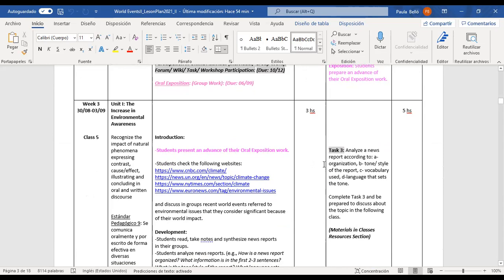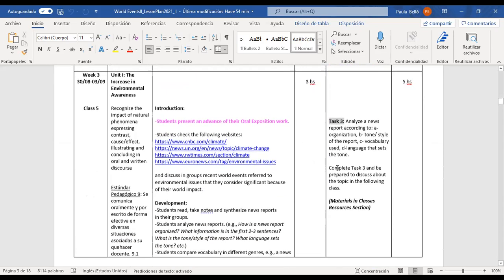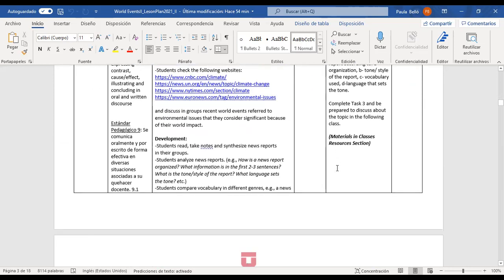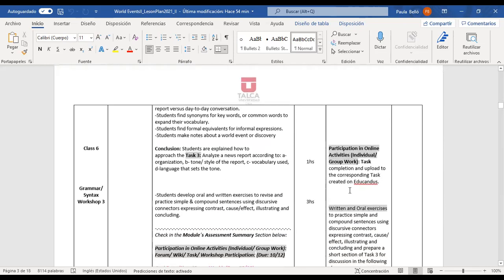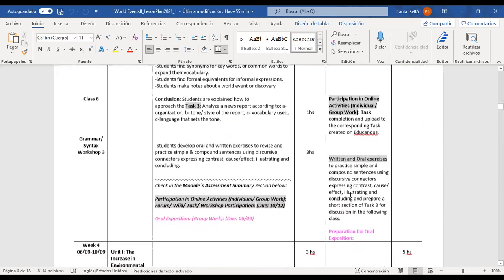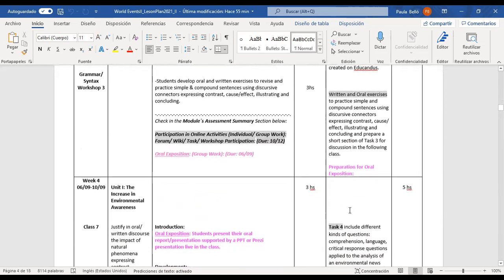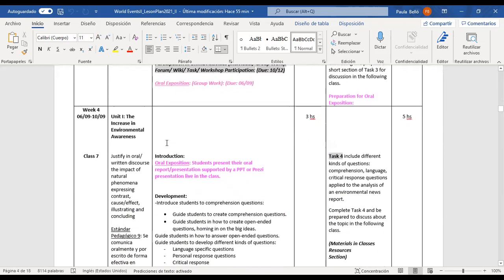Then you analyze a report, which is the organization of a report, this outline that you need to prepare. And you receive feedback, another task. And again, you could keep on preparing, so that around the 10th of September, you have this oral exposition.